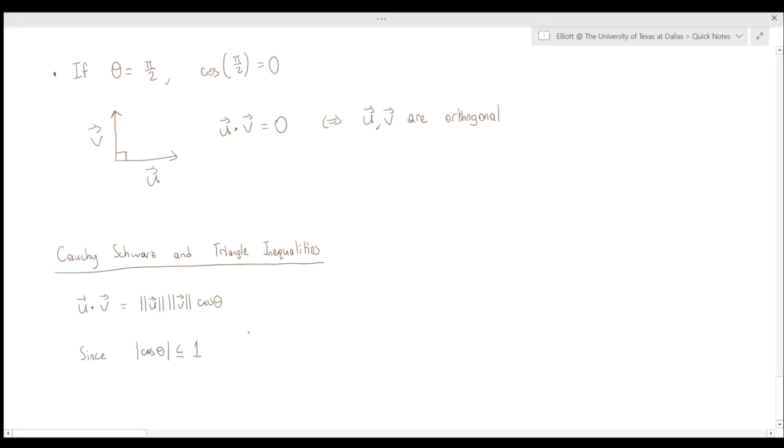Combining these together, the absolute value of u dot v will be less than or equal to the length of u times the length of the vector v. All we basically did is drop the cosine and say that it's less than or equal to 1 in absolute value. This is the Cauchy-Schwarz inequality.